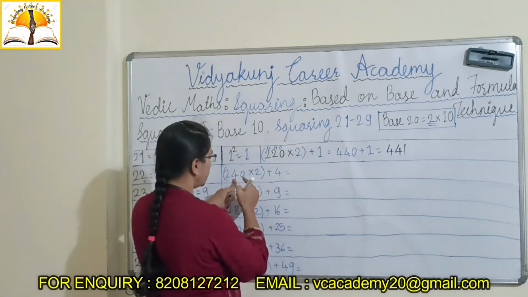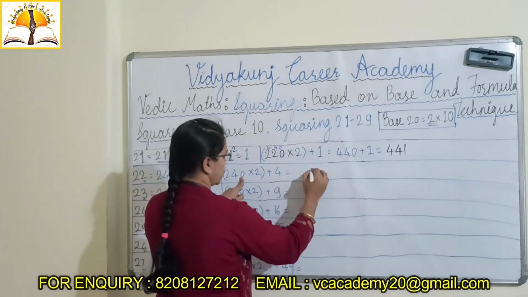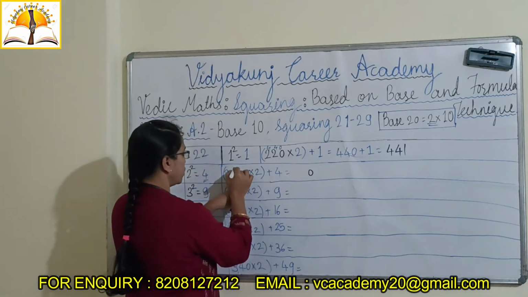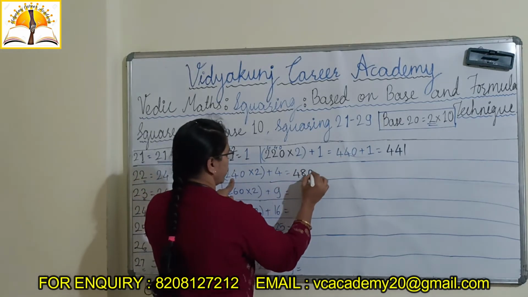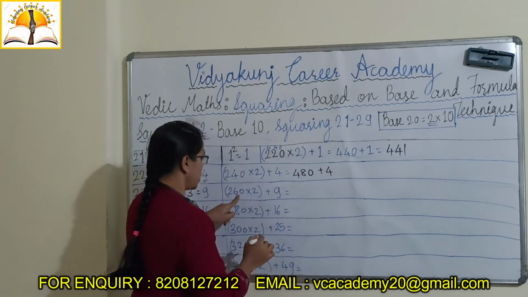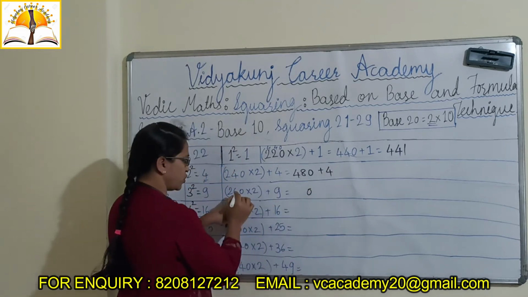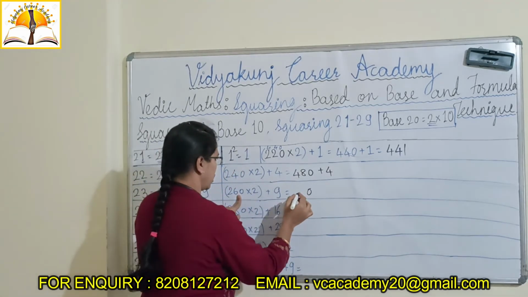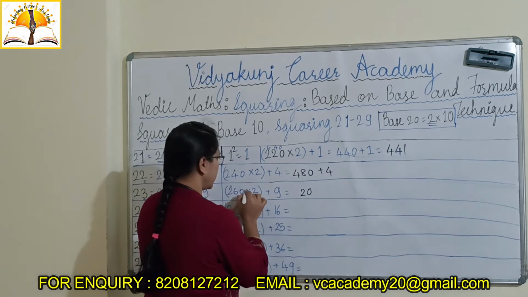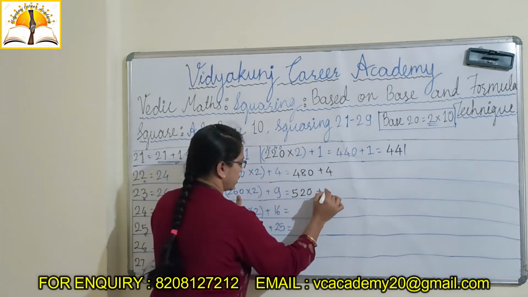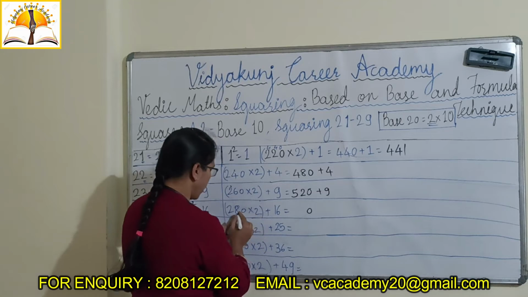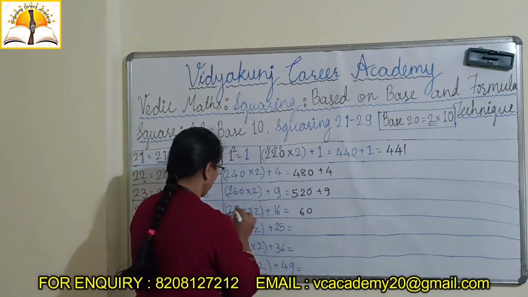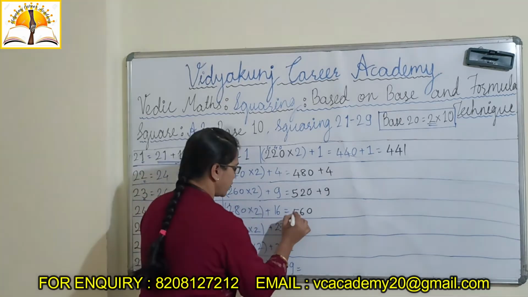Here 2 into 2, 4, we have to do 0 as it is. Now here 2 into 4, 8, and here 4 plus 4 we have to do. Here 0, 2 zeros are 0, and 2 8s are 16, 1 carry, and 4 plus 5 here plus 9. Okay, here 2 8s are 16, 1 carry, 4 plus 5.